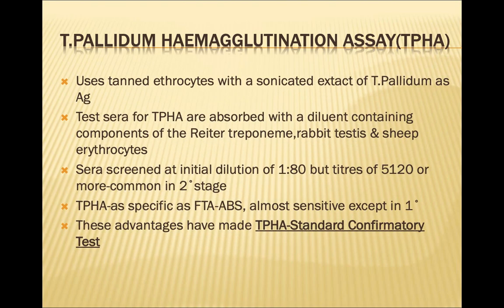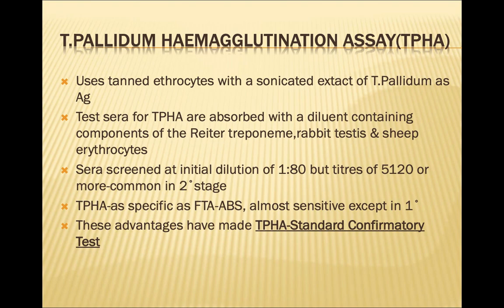The TPHA, Treponema pallidum hemagglutination test. This uses sheep erythrocytes sensitized with sonicated extract of Treponema pallidum as an antigen. The test sera for TPHA are absorbed with a diluent containing components of Reiter strain.